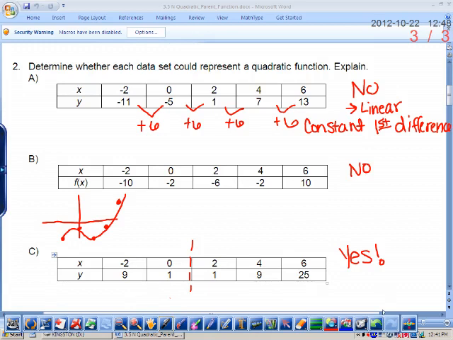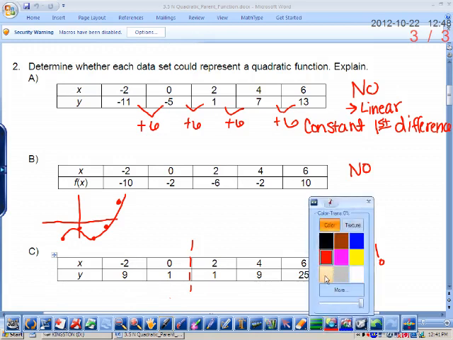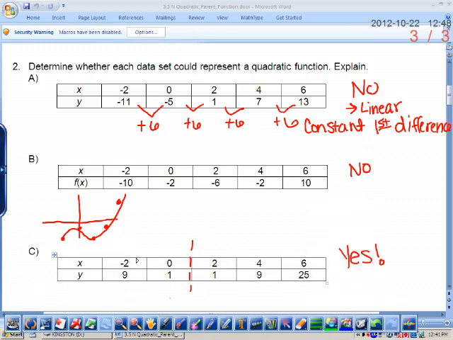Okay. There's another way to check, and it's called second differences. So check our first differences: minus 8, 0, plus 8, and plus 16. Is that a constant first difference? No, so it's not linear. So check your second difference: plus 8, plus 8, plus 8.